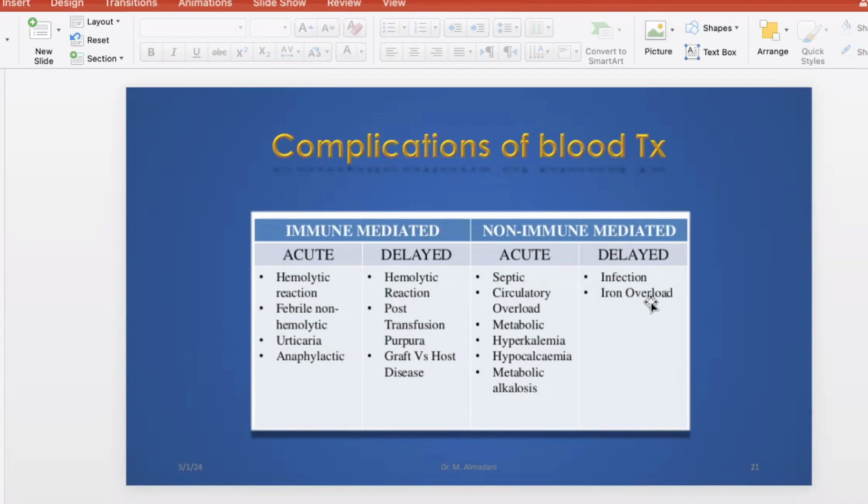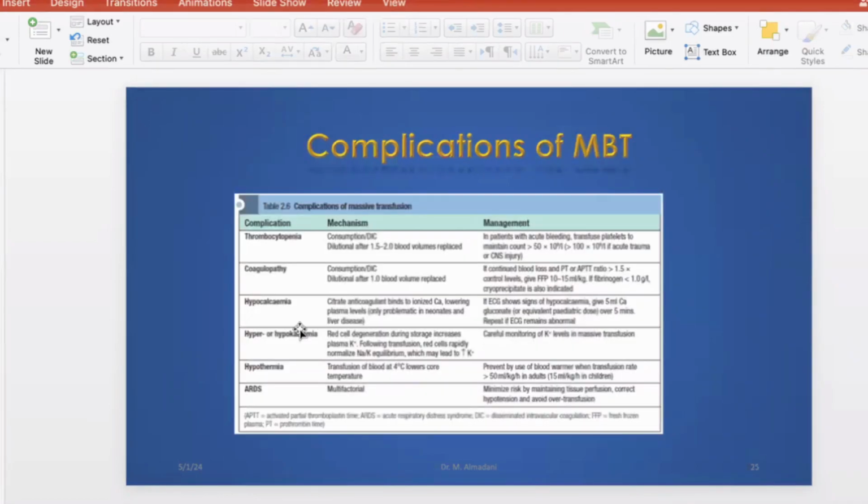Delayed iron overload, especially if the patient received multiple blood transfusions. And the massive blood transfusion, these are the things: coagulopathy, thrombocytopenia, and hypocalcemia. No?